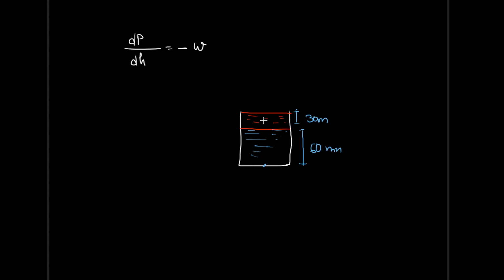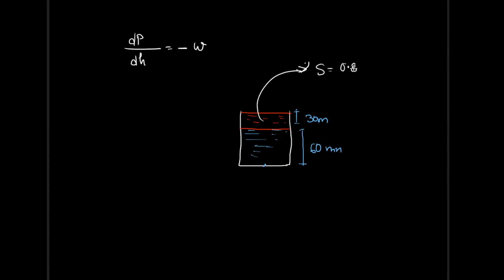Okay, no problem. Here the specific gravity of the oil is given as 0.8. So what will be rho of oil? It will be 800. At first, let us calculate the pressure at that point. At that point, will water exert pressure at the surface? No, only the pressure at that surface occurred by the oil, right?